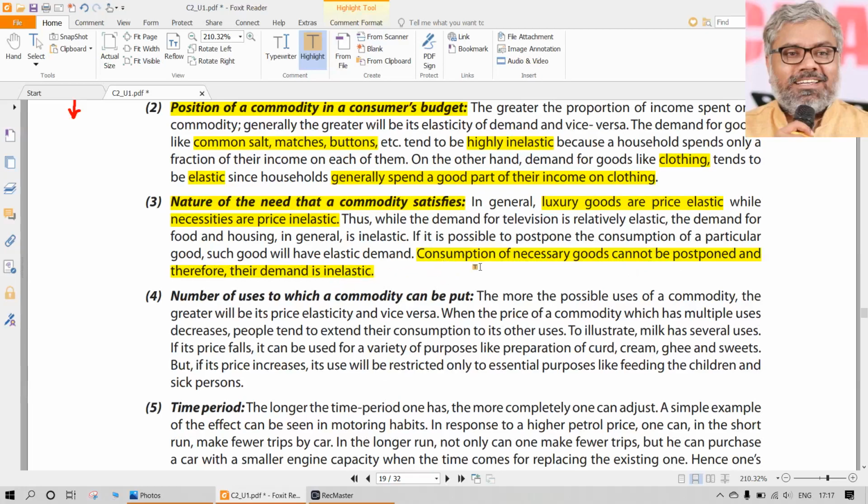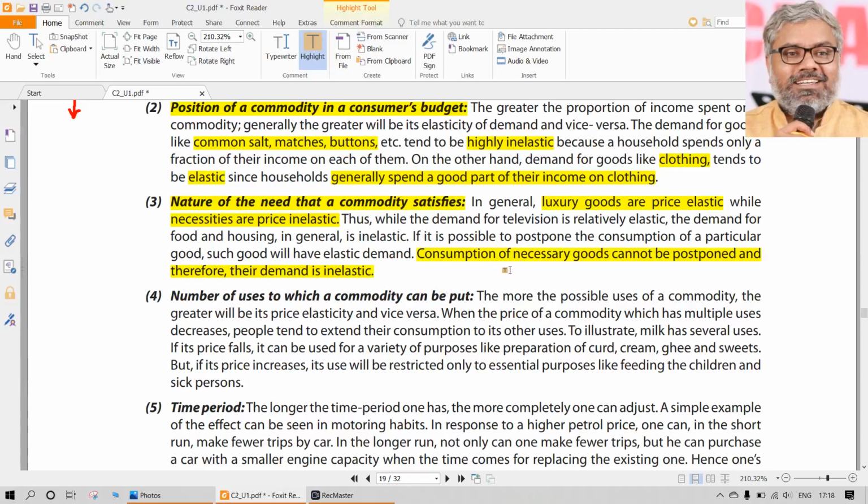Vegetables and all, we keep on complaining about them. Generally, vegetable prices are increasing and all. But do we stop eating them? Generally, no. We still will eat them, because that is a necessity. Even though their prices have increased a little bit, we will definitely go for purchasing them, because we have to consume them to survive. So those will be relatively less elastic.